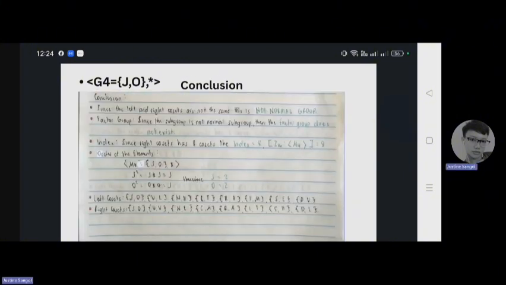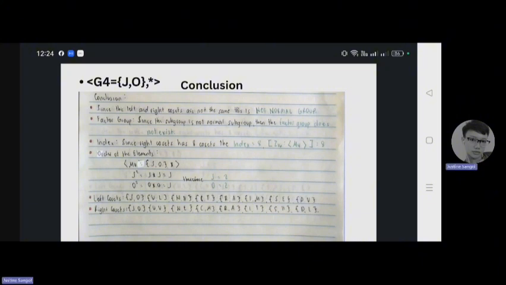So left cosets are JO, UL, NH, CT, RA, IM, SE, DV, and the right cosets are JO, UV, NE, CM, RA, IT, SH, DL. And since the left and right cosets are not the same, this is not normal group.